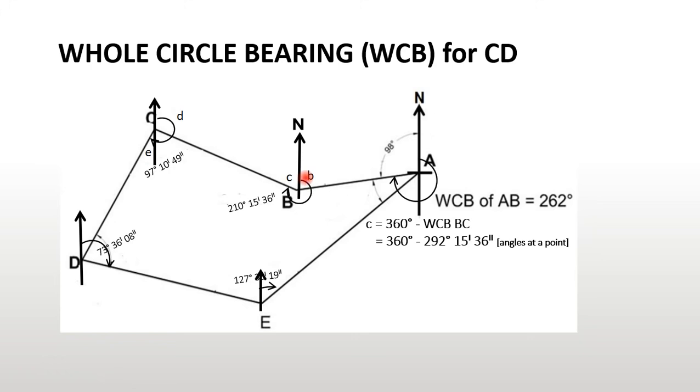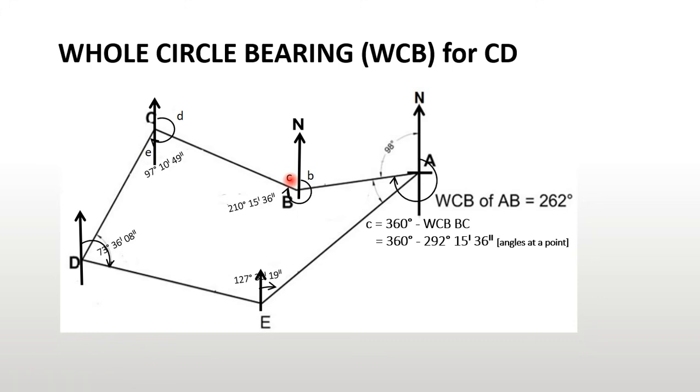Since we have already determined the whole circle bearing of BC, which is 292 degrees 15 minutes and 36 seconds, it is easy for us to determine the value of angle C, because this angle of the whole circle bearing of this line and angle C are angles at a point and they add up to 360 degrees.